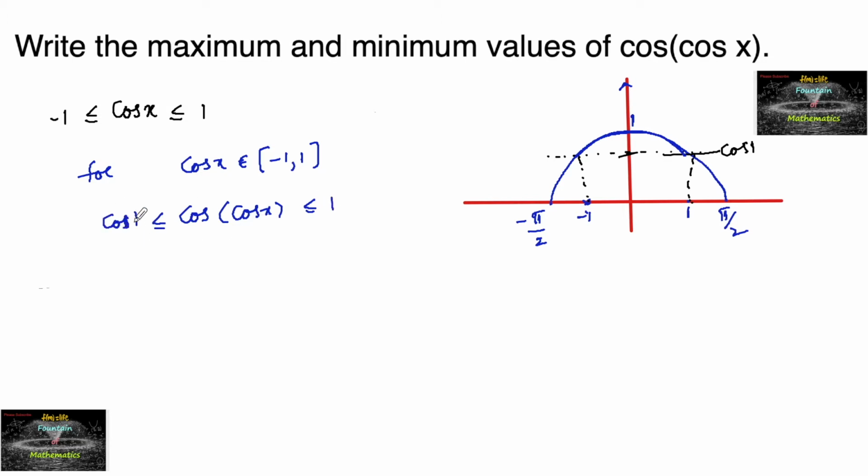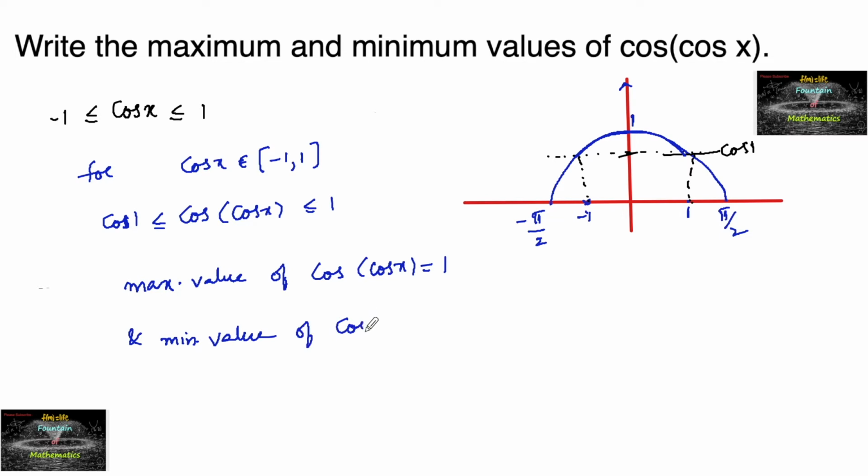So 1 is greater than cos 1 here. So we can consider that the maximum value of cos x is equal to 1, and the minimum value of cos x is equal to cos 1. So maximum is 1 and minimum is cos 1. Okay, right, thank you.